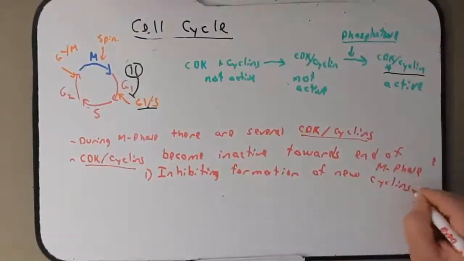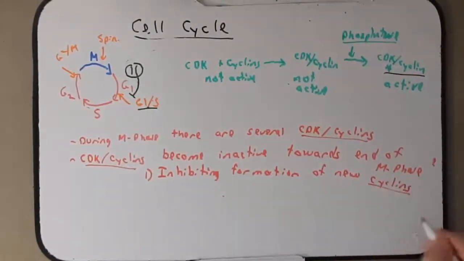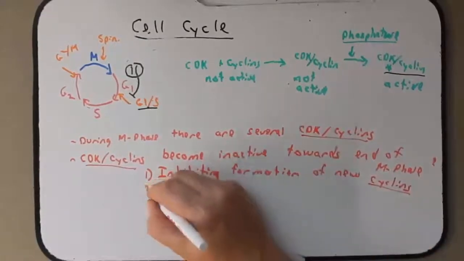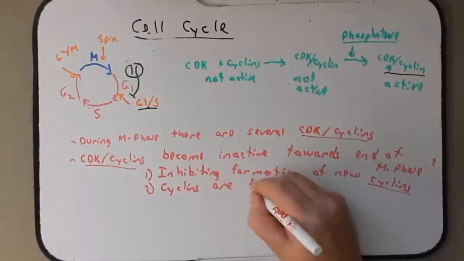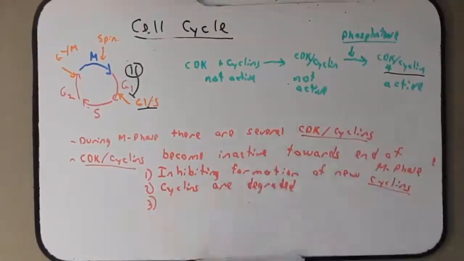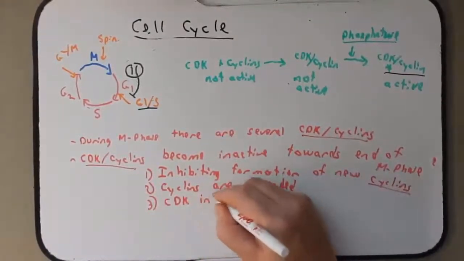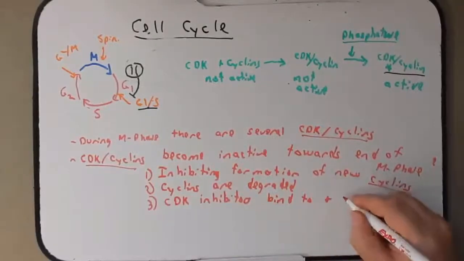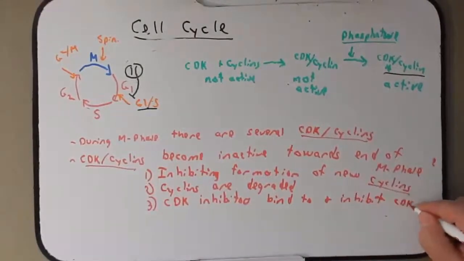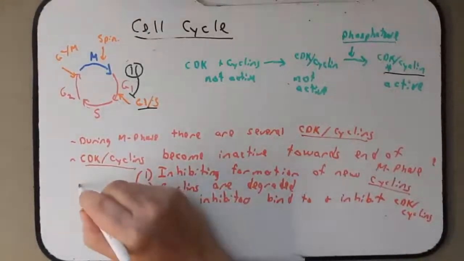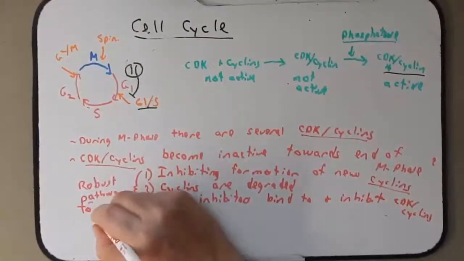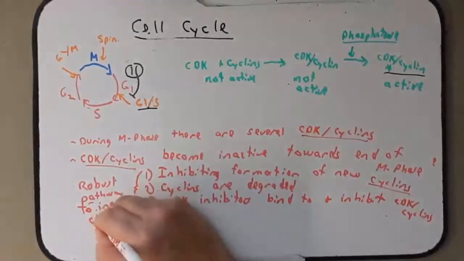There'll still be some CDKs around, but they inhibit the formation of cyclins. And by doing so, you can't activate the CDKs. Cyclins are also degraded. And finally, CDK inhibitors bind to and inhibit CDK cyclins. By using multiple strategies, we generate a very robust pathway to inactivate CDKs.